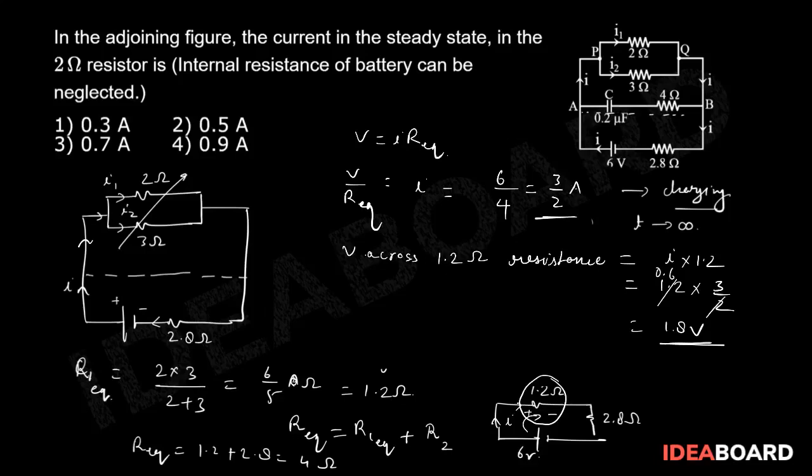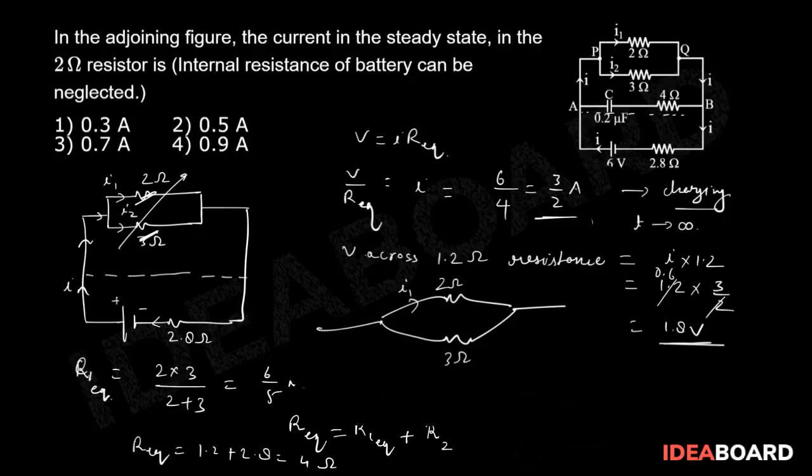Why am I calculating this? The reason is that the 2 ohm resistance and the 3 ohm resistance are both in parallel, and you know that when two resistances are in parallel, the potential drop across them is the same. So the potential drop of 1.8 volts will be the same across this.